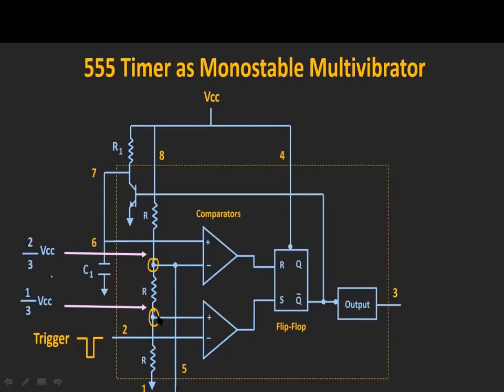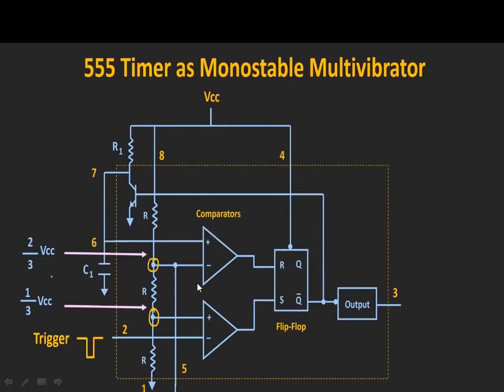Whenever the positive terminal has more voltage than the negative terminal, the output will be 0. Whenever the negative terminal has more voltage than the positive terminal, the output will be 1. In the lower comparator, the positive terminal is a fixed value of 1/3 VCC, and in the upper comparator, the negative terminal is a fixed value of 2/3 VCC.